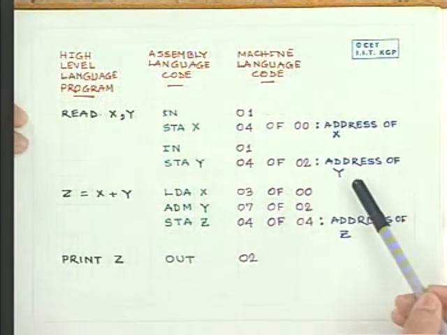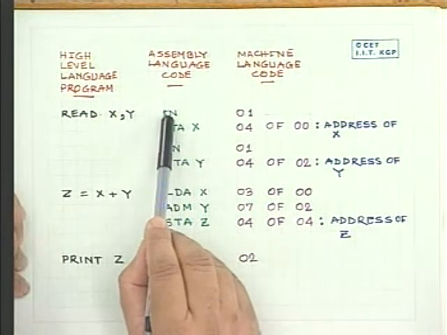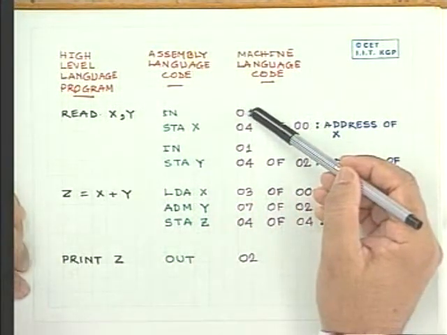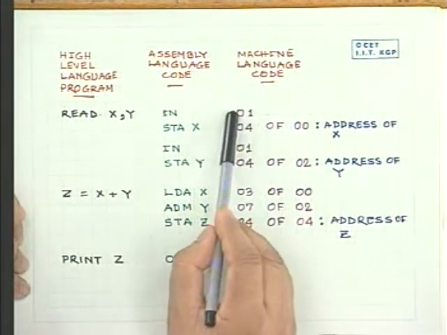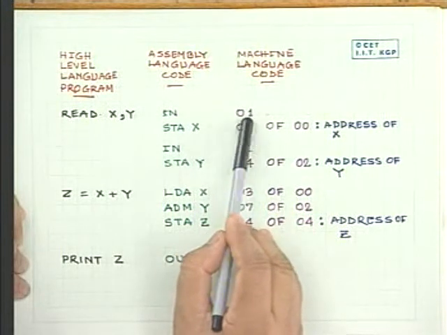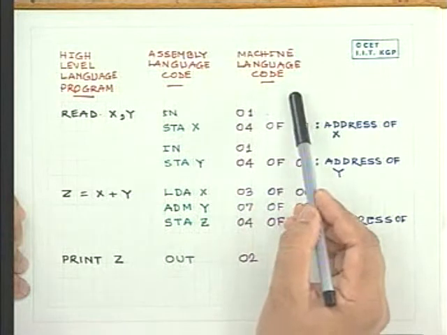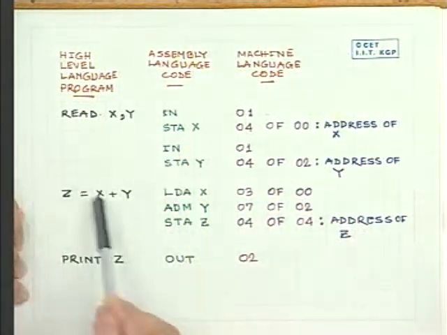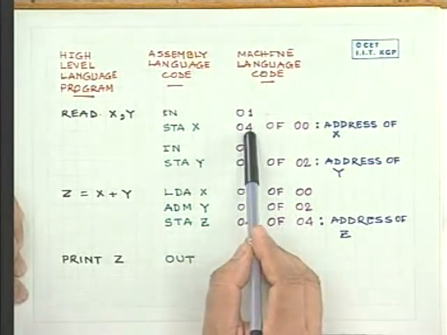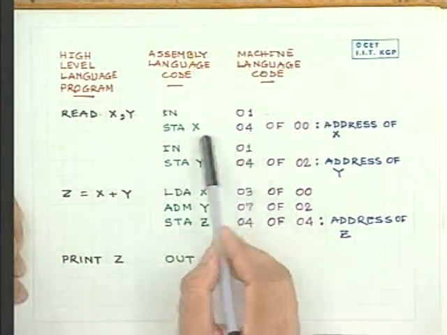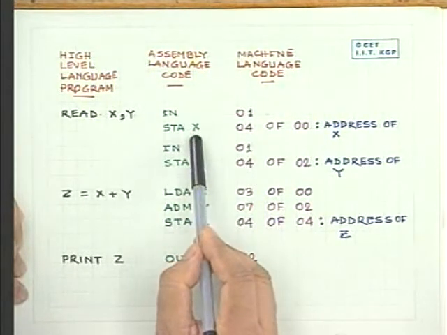Now I have assumed that IN has a machine language operation code 01. This is an instruction, or opcode, or operation code, which tells the machine that something has to be inputted from the input device. Similarly, for store accumulator X, the store accumulator instruction is 04, and that X is a symbolic address of a memory location.